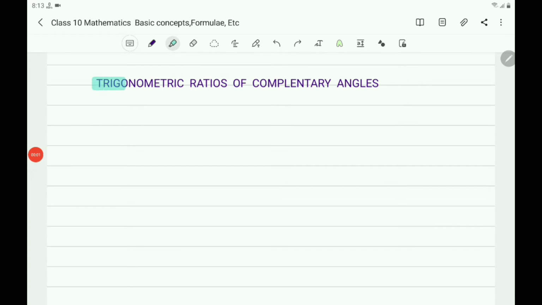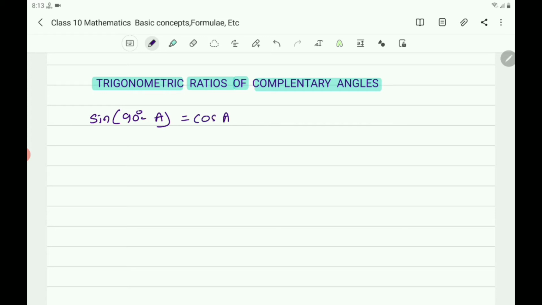Now about the trigonometric ratios of complementary angles. Which are the trigonometric ratios of complementary angles? You know that complementary angle means that sum is 90 degree. So you take sine 90 degree minus A equals what?